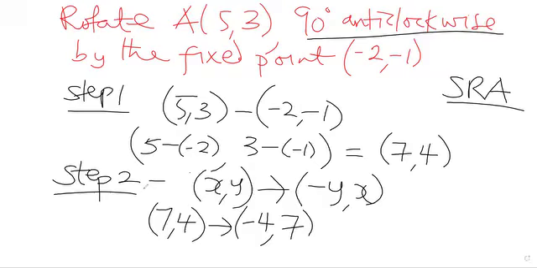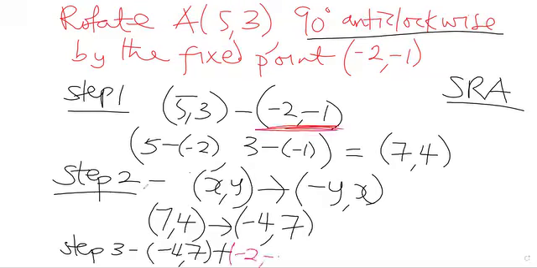Now step three, we are going to add. So the answer is (-4, 7). We're going to add the point you subtracted, the fixed point (-2, -1) that you subtracted. So we are going to add.